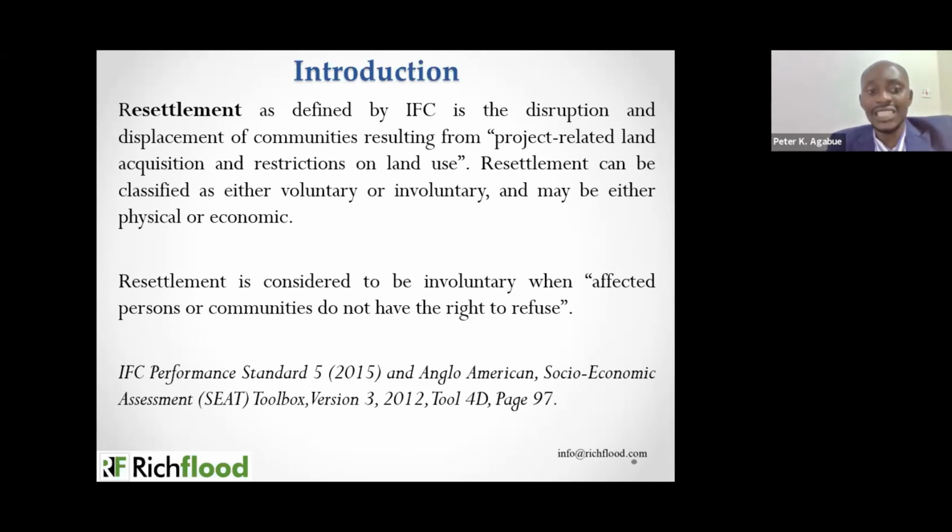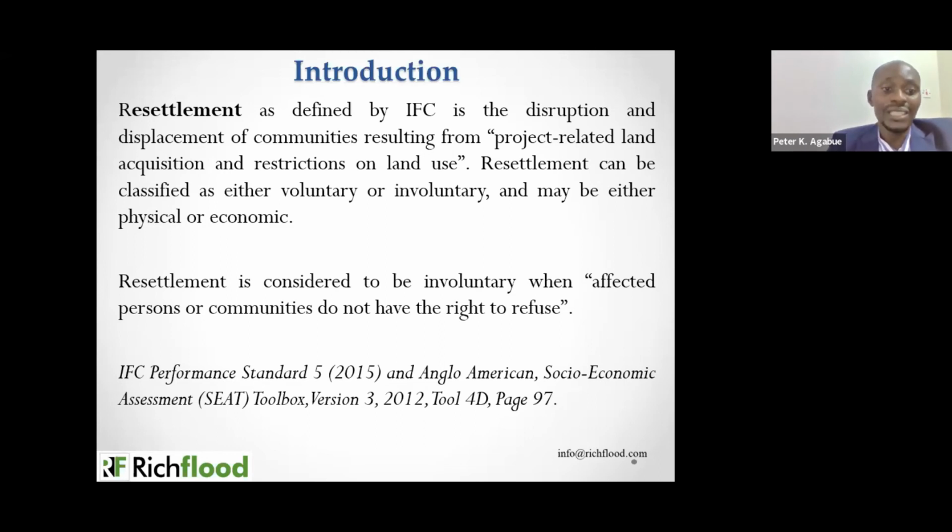These essential components of RAP are, number one, the identification of the project impact and affected population. This is very important because all of our discussion concerning RAP is centered on project affected persons.